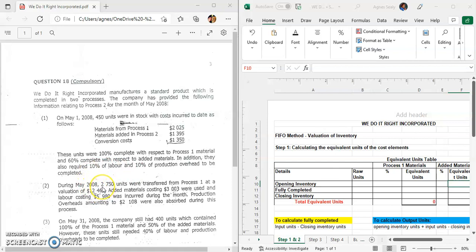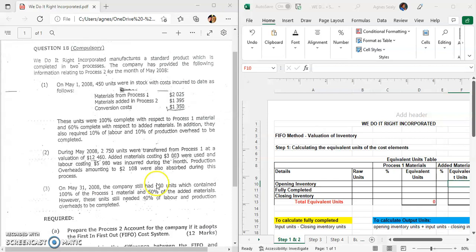Note number 2 states, during May 2008, 2,750 units were transferred from process 1 at a valuation of $12,460.